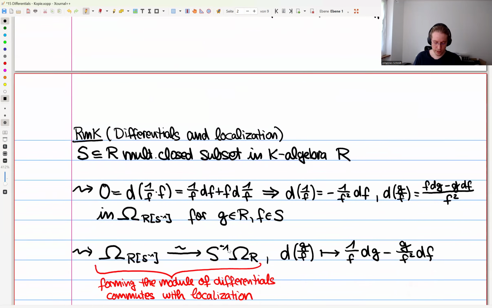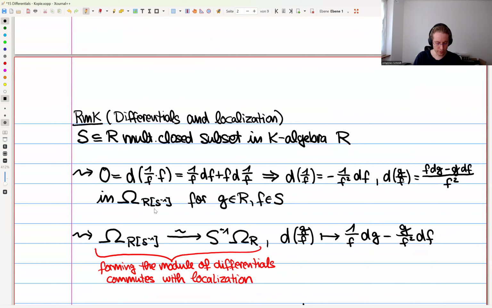And then the claim is from this we can write down an isomorphism from the sheaf of differentials on this localization to the localization of this R module at the element S. For writing this down as an isomorphism of modules over this localization, we just need to say what it does on these symbols which generate it, on these d(g/f). And this just tells us what it does. It sends this to the rule that we have decided.